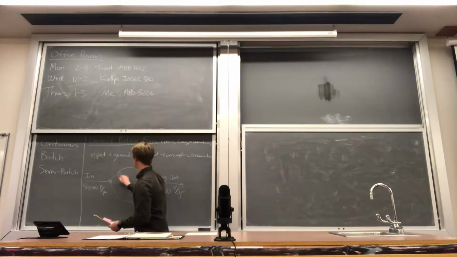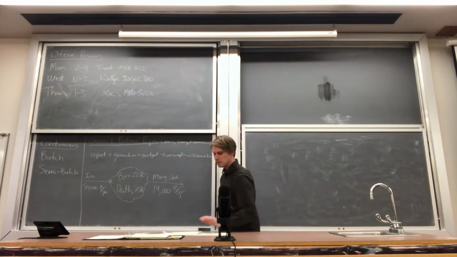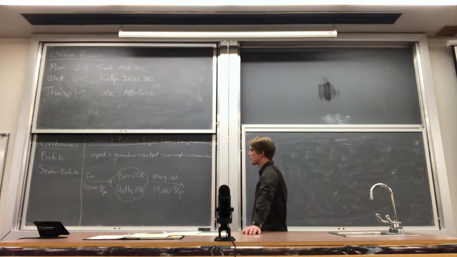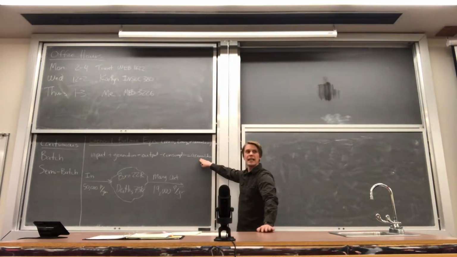We have people being born within the city, and for this problem we'll say 22,000 people, and deaths. It's a particularly bad year for this town, 75,000 people in the city. So the accumulation of people in this town is the net rate of growth or rate of decrease.